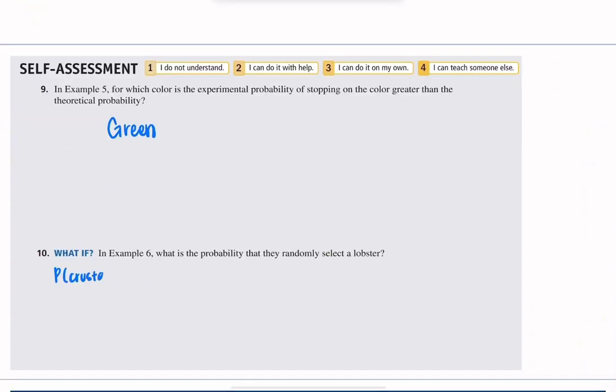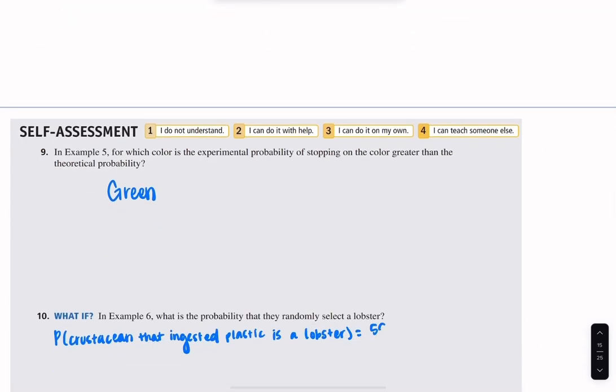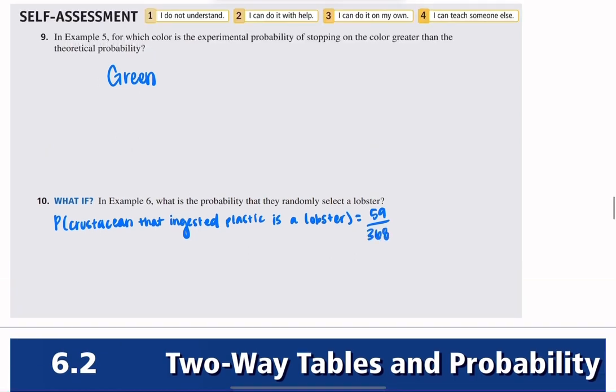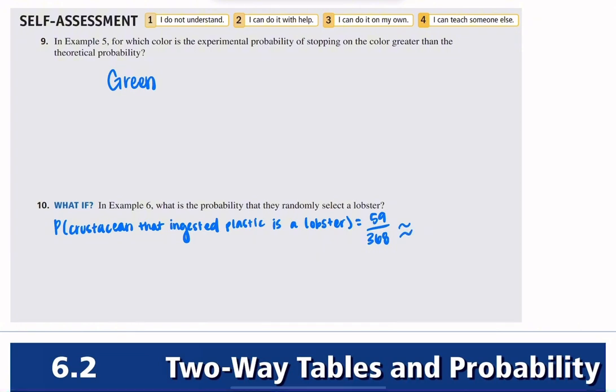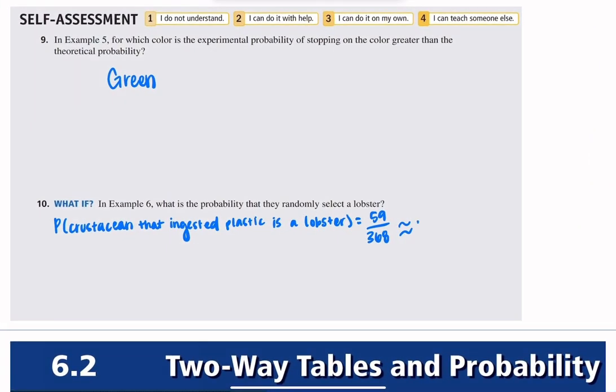So the probability that the crustacean that ingested plastic is a lobster, and I've already forgotten the number, is 59 over the total 368, which we can make a decimal. 59 over 368, about 0.16 or 16%.